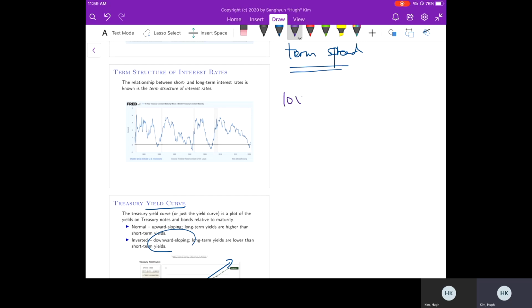So 10-year minus 3-month. Usually positive, as you can see here, but sometimes it's negative, meaning that the yield curve is inverted. Again, the shaded areas represent recessions.